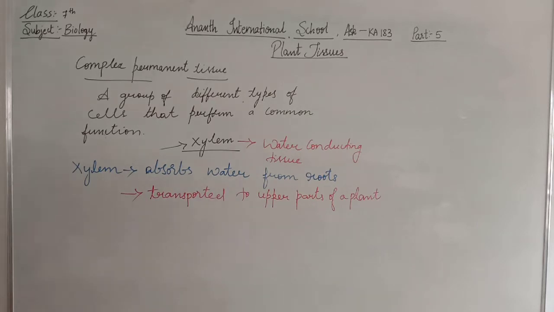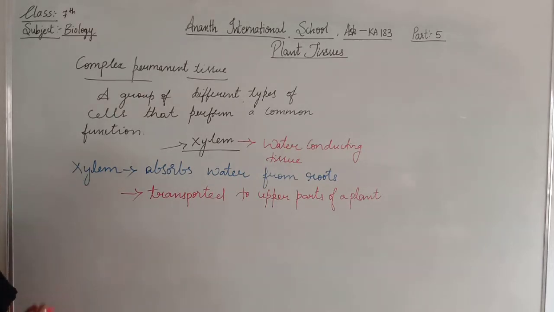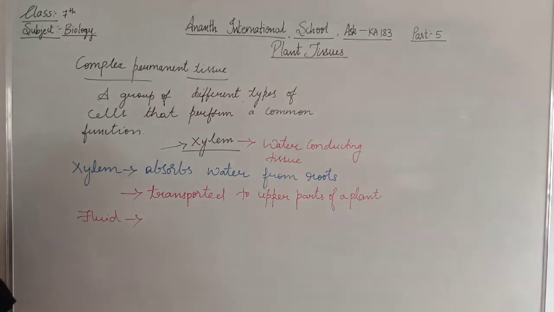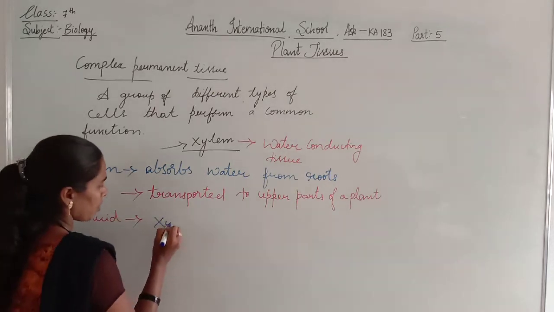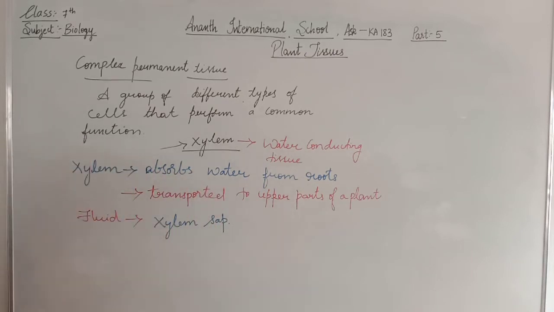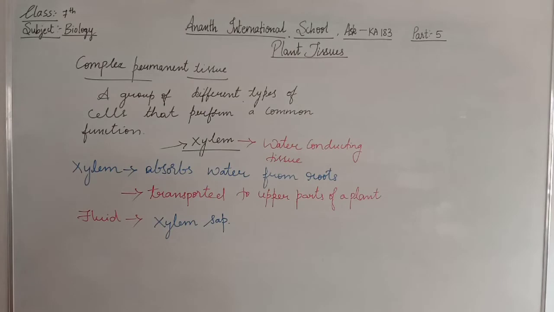The fluid transported in xylem is called the xylem sap. What is the function of this fluid? It helps to transport the water from the lower parts to the upper parts of a plant.